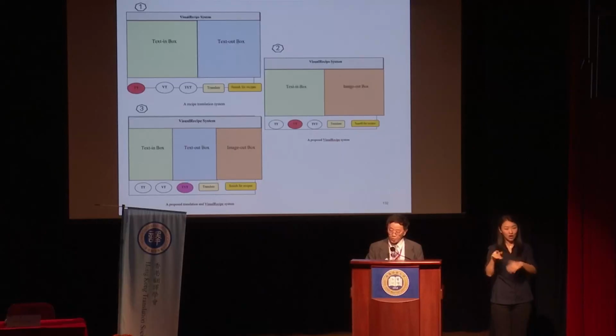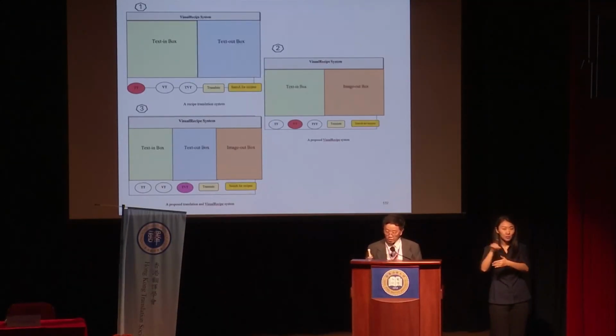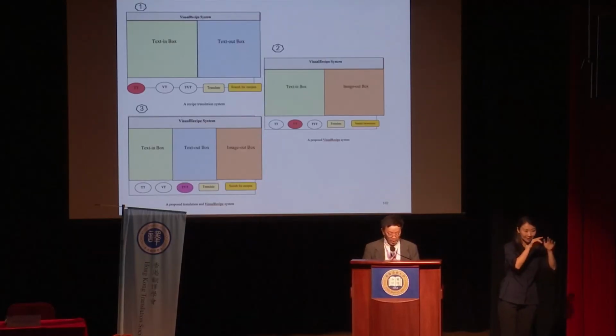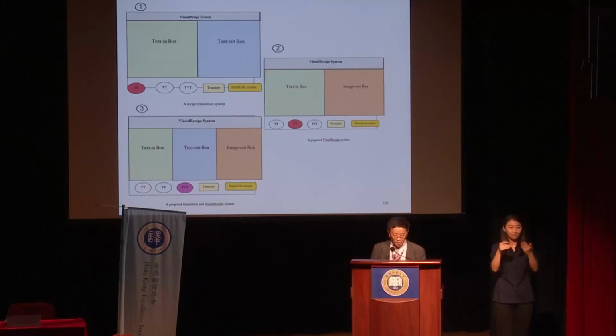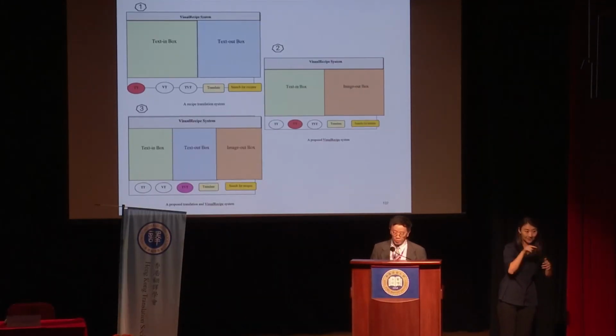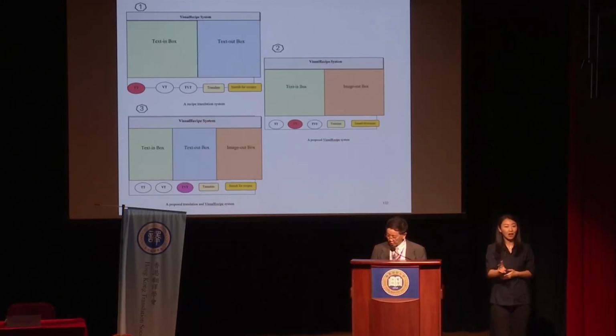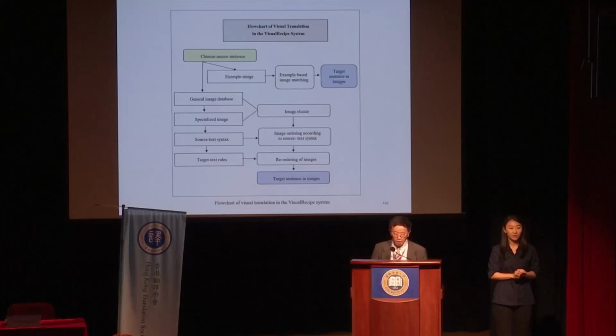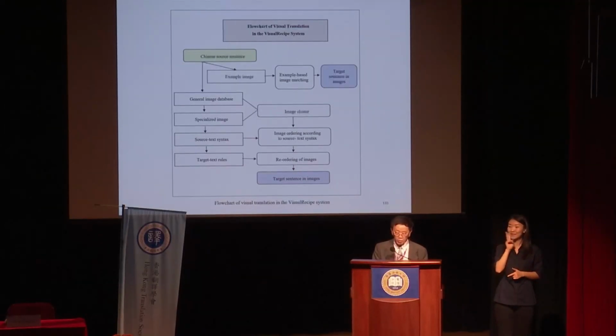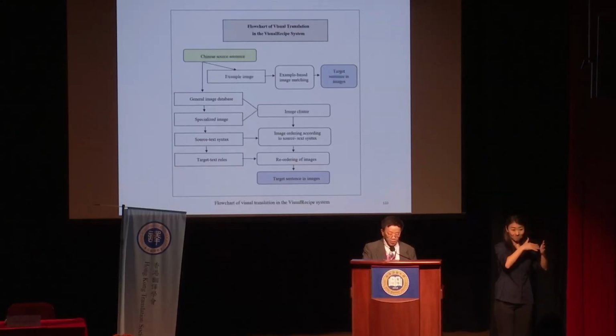That is, what you put in will not come out in text, but in images. Then the two combined together, we have got text in, text out, and image out box. That would be a 3 in 1 system. All right. The way we work it is like in this manner. You have these Chinese source text.